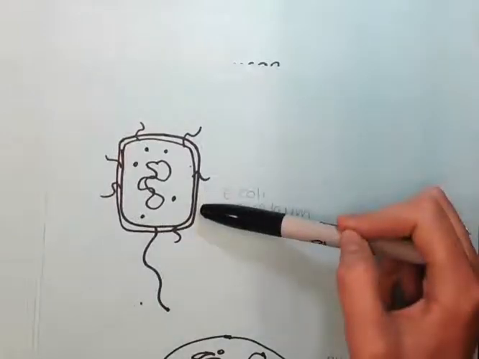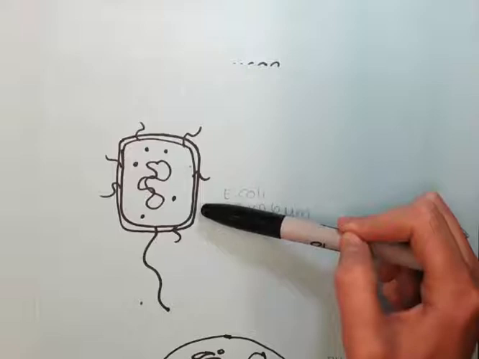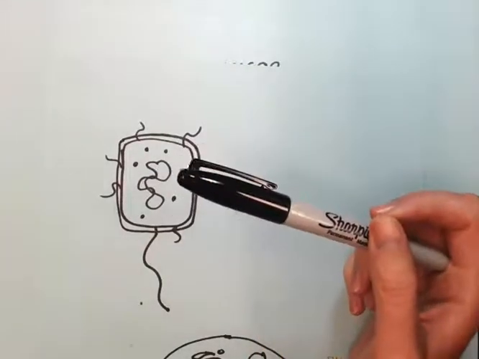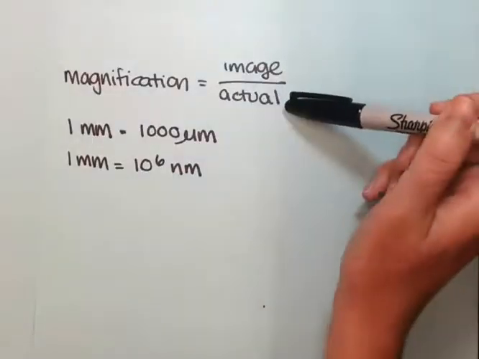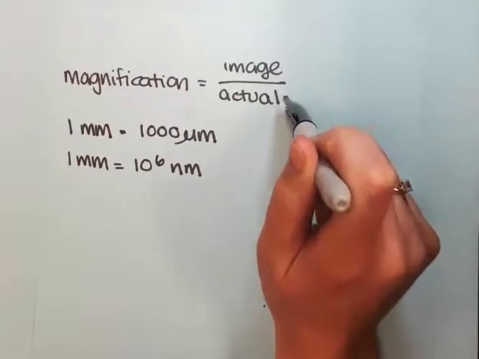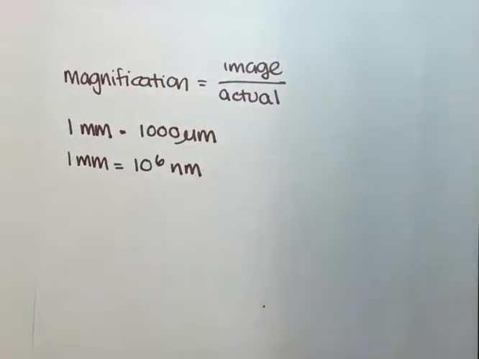So E. coli is definitely not this big. And so I want to know how much bigger is this picture of E. coli than the actual E. coli. And so that's what your magnification calculation is all about.